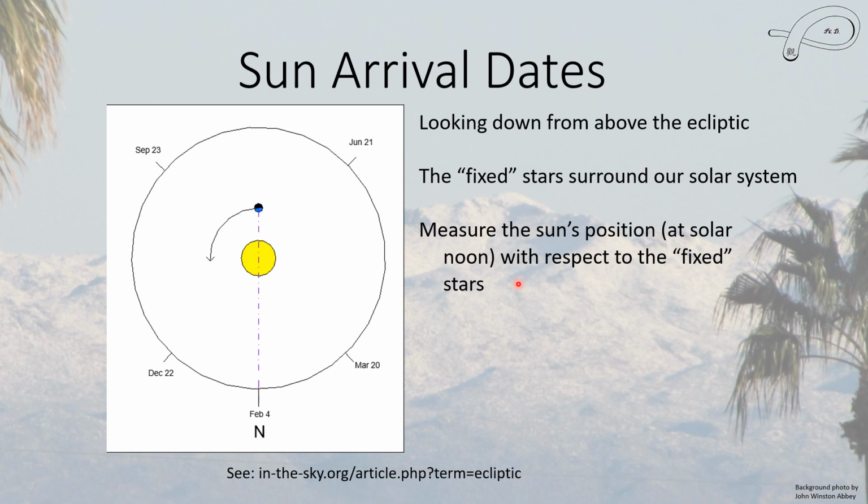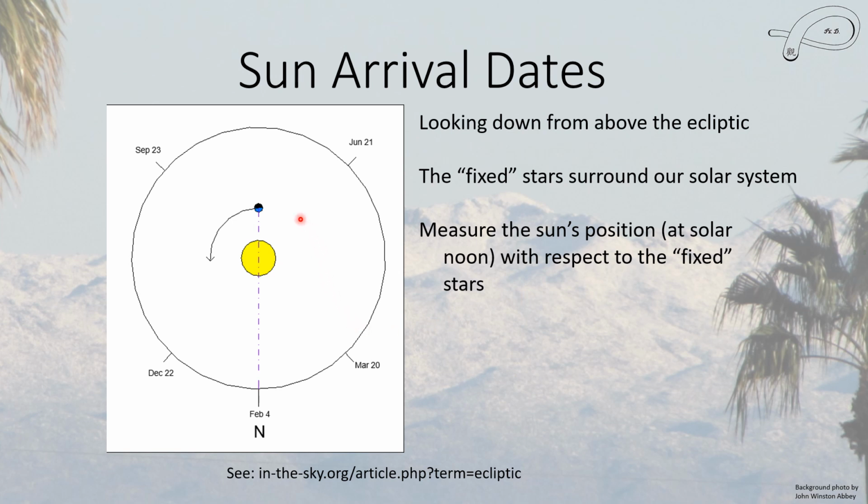Now the sun's position is measured at the local solar noon, and it's with respect to the fixed stars. Finding solar noon isn't hard. You can Google it if you really want to know, but people from ancient times have been doing this. This is not a hard thing to do.